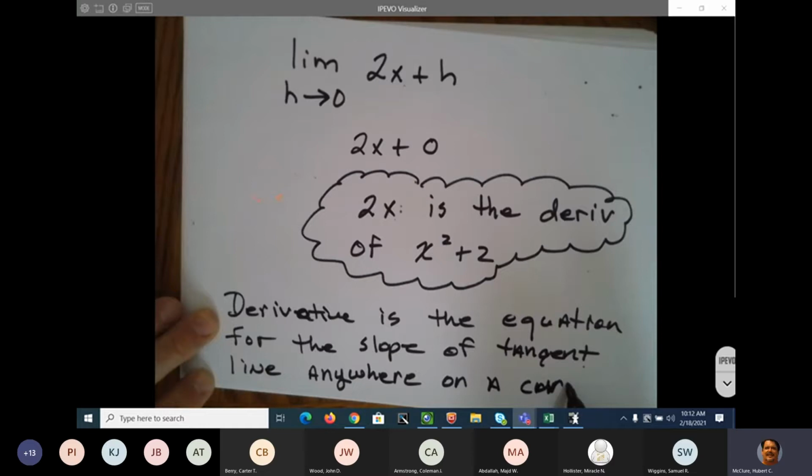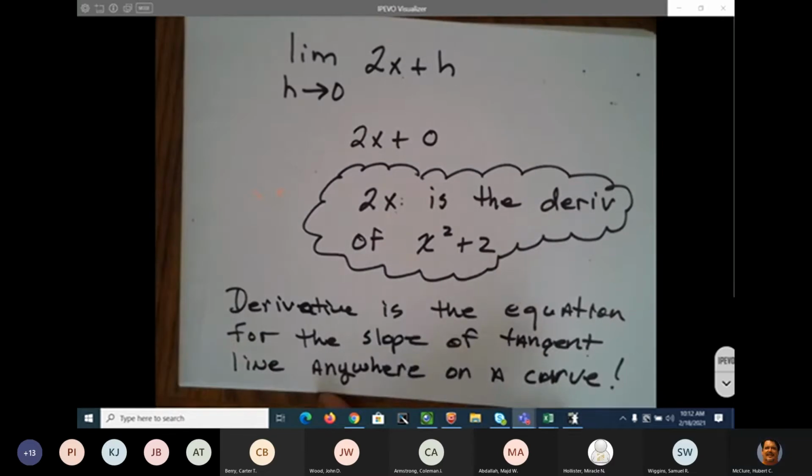The derivative is the equation for the tangent line anywhere on a curve. All right, let's put it to a test.